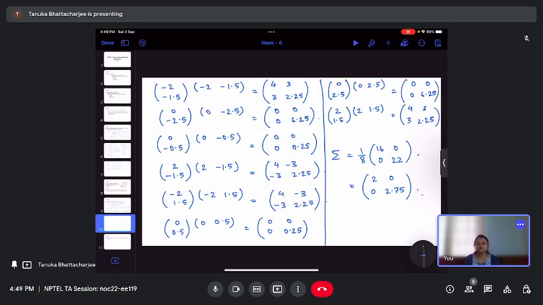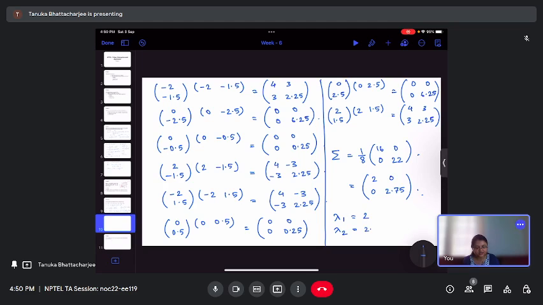Since sigma is a diagonal matrix, you can readily say that there will be 2 eigenvalues, because it is a 2 cross 2 matrix with rank 2, and the eigenvalues will be the diagonal elements.